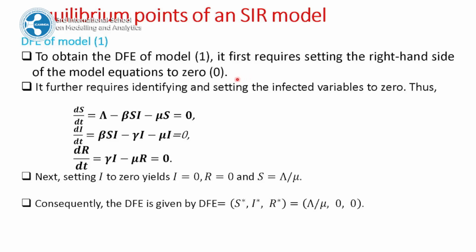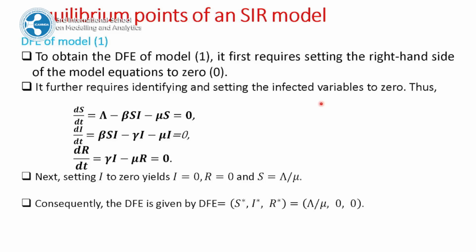You remember the definition of equilibrium point of a dynamical system. That is, when there is no variation in the components or variables of the system. There's no variation. That is, the rate of change is constant. As such, the rate of change will be equal to 0.